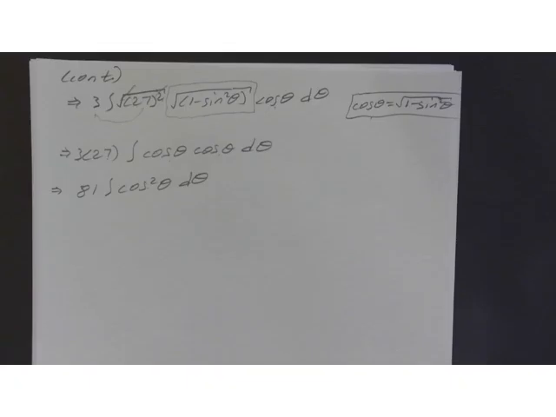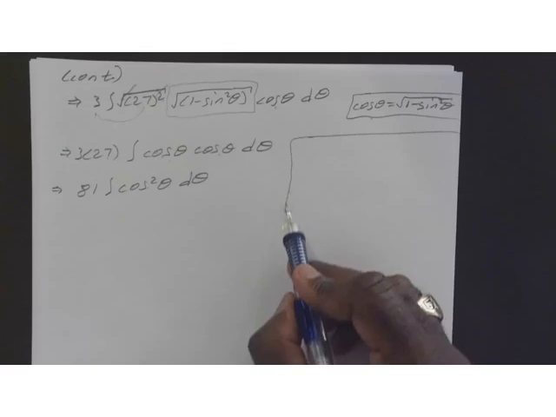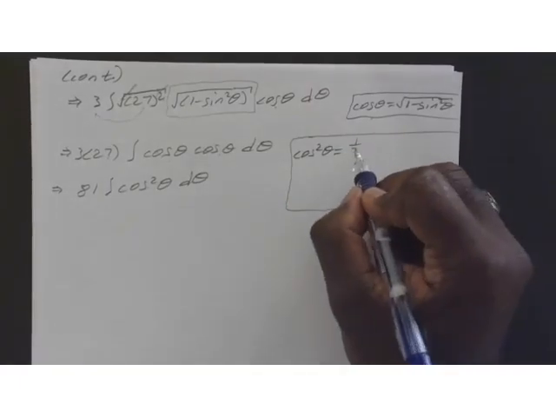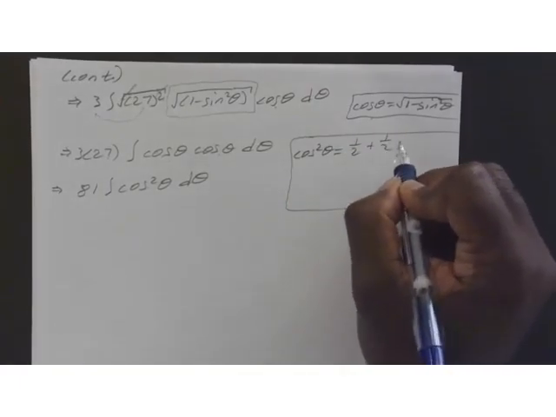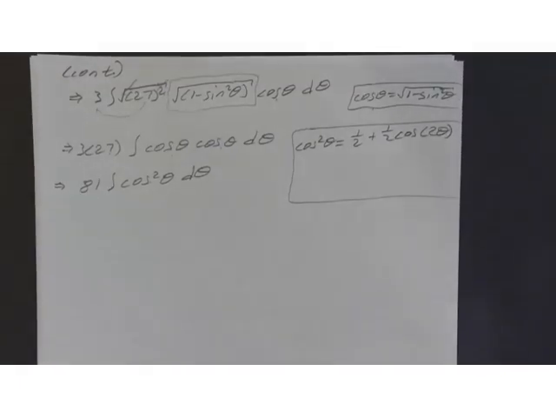And we know that whenever we have a cosine squared, we can just replace that cosine squared with 1/2 plus 1/2 cosine of 2 theta using a trig identity.